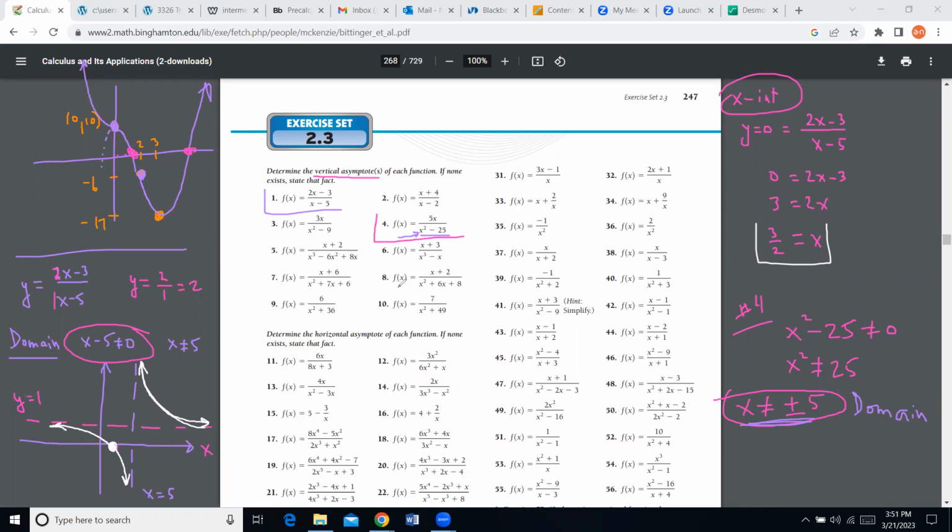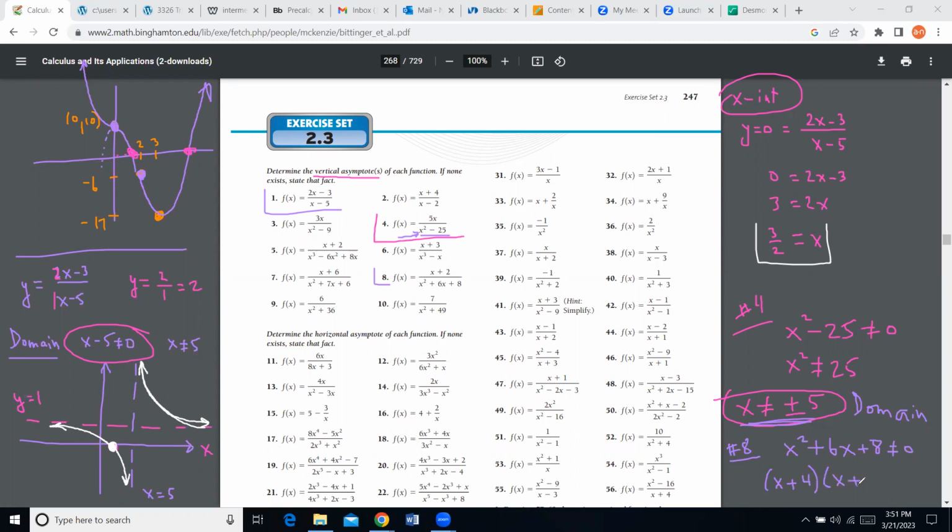So what about exercise number 8? What about those domain issues in 8? Well, again, I see a denominator here, so I can right away say that the denominator is not equal to 0, right? And then I factor it, it looks like 8 factors as 4 times 2, right?